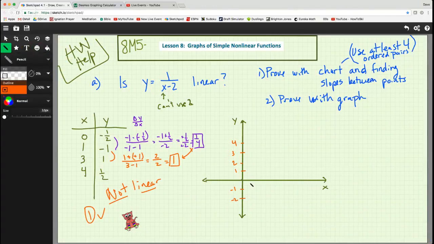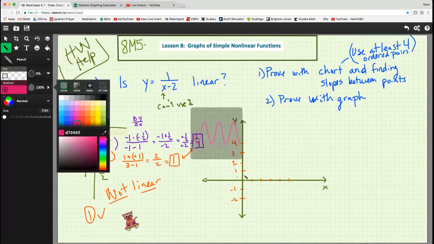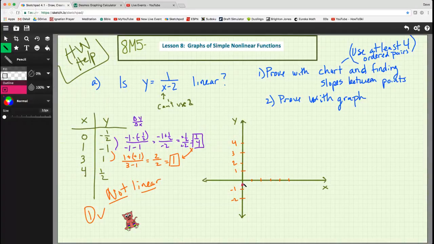Now number two, we're going to have to show it graphically, and we're going to see if we can just see it with our eye. So 0, -1/2 is here. Let's make these points in a bright pink. 0, -1/2 is right here. 1, -1 is right here.